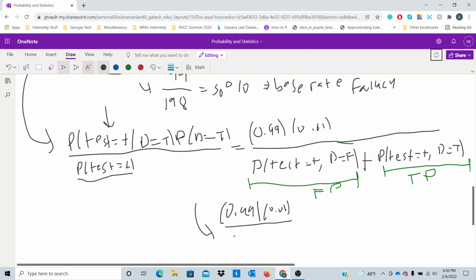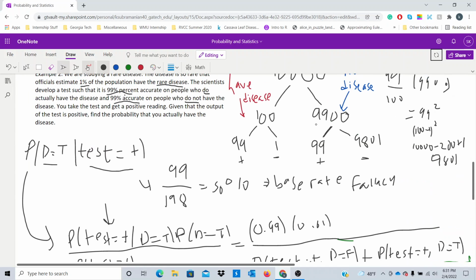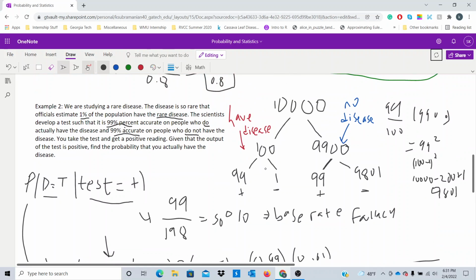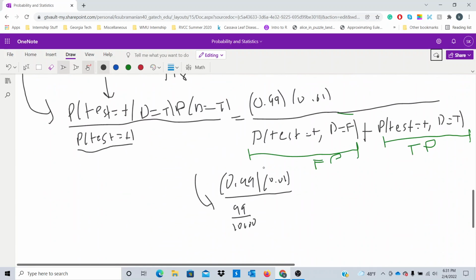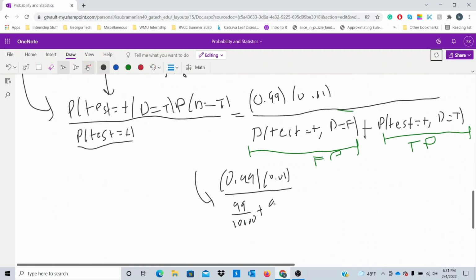This would be 99 over 10,000. And the probability that you do test positive and you have the disease, it's still 99 out of 10,000, right? So if you evaluate this result, you should be getting 50%.